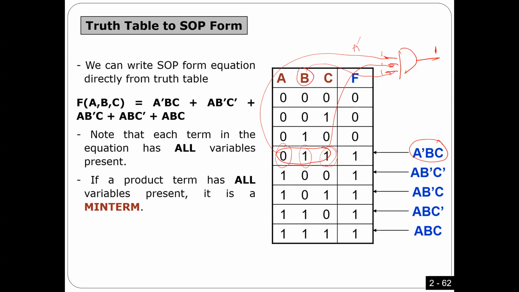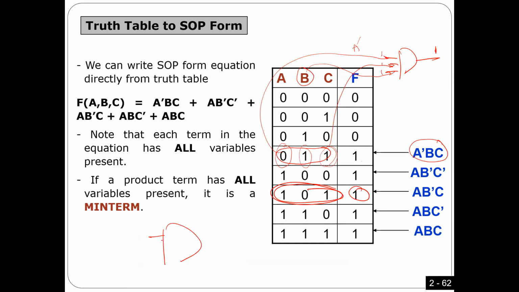Okay, let's have another case. For example, let's look at this one: 1, 1, 1. How can I calculate this one? That's a very easy case. I want to design an AND gate to give me 1 when I have this input.